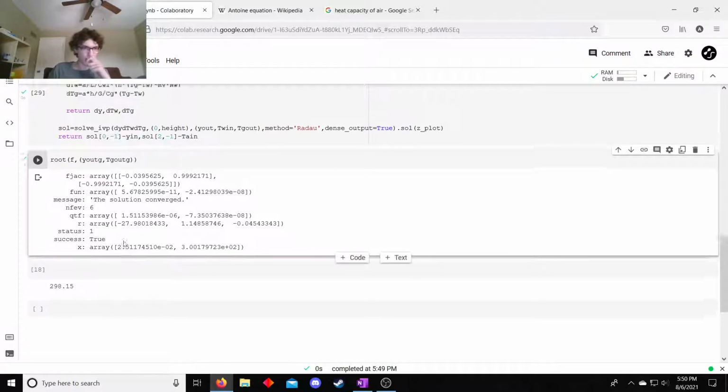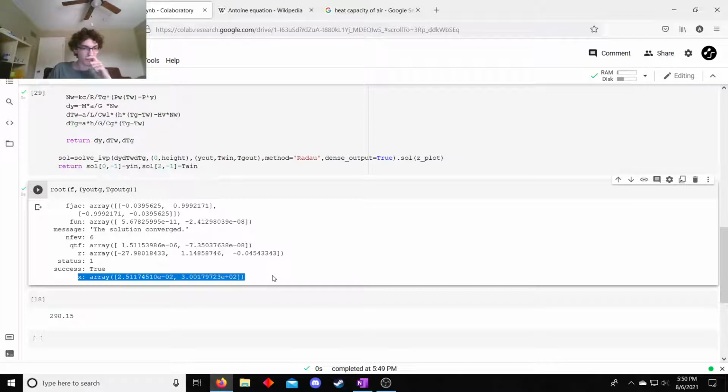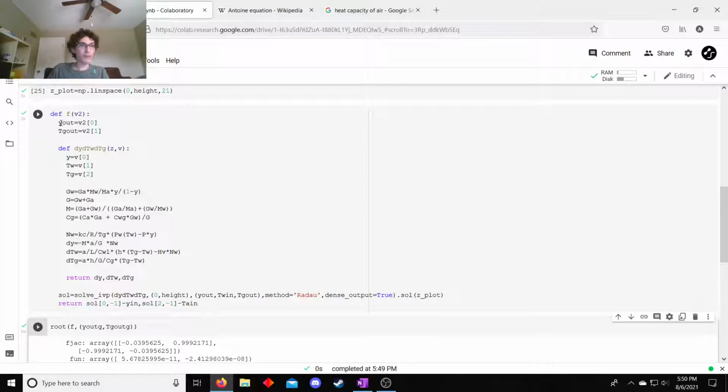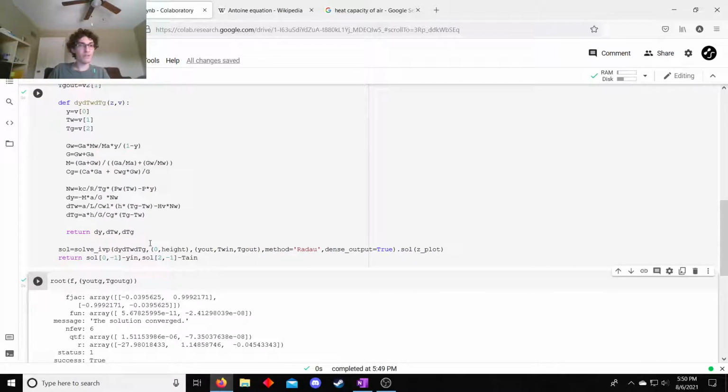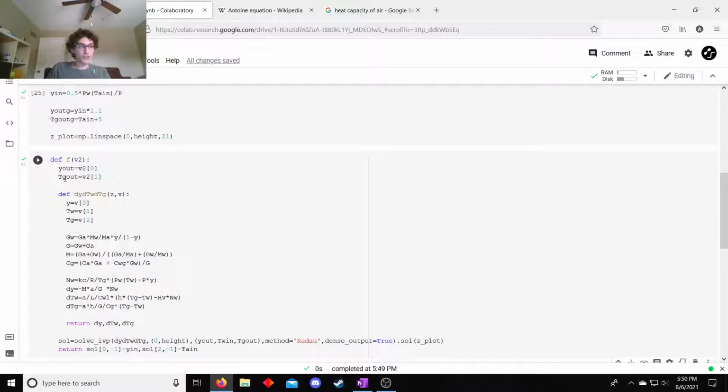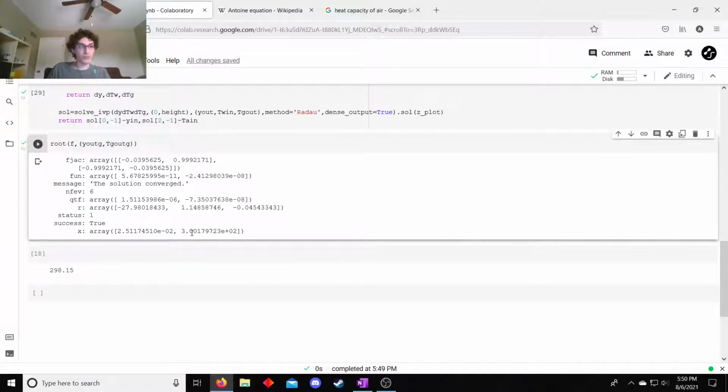So it gives us this stuff here. This is actually our answer. What this means is that in order for our differential equation to be correct, the mole fraction of the water in the air going out must be equal to 2.5 times 10 to the negative second, and our temperature of the gas going out must be equal to 300 Kelvin.